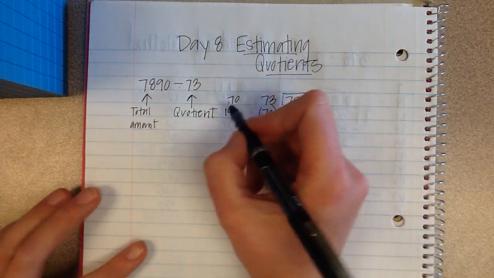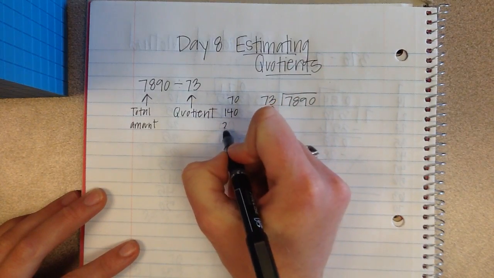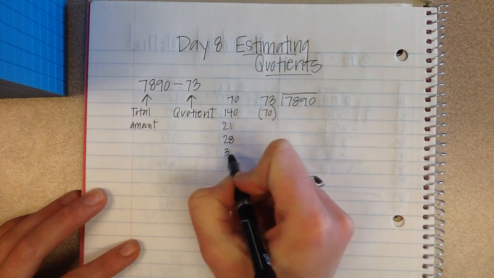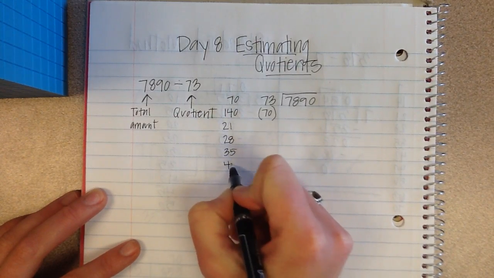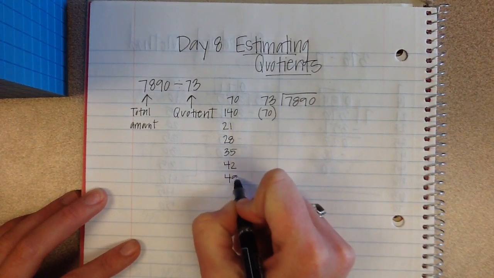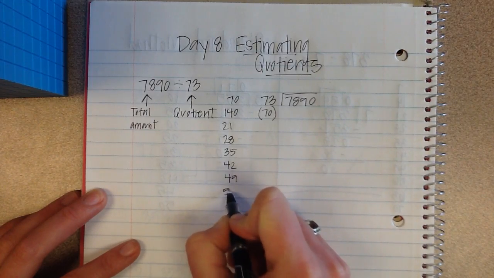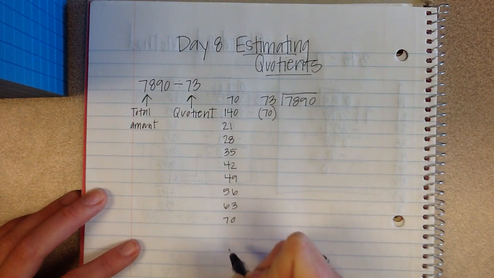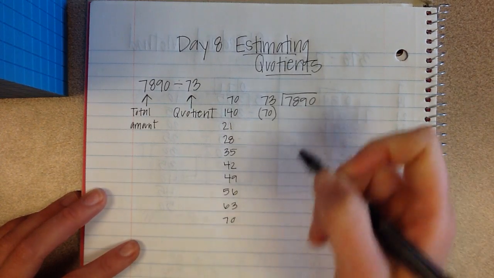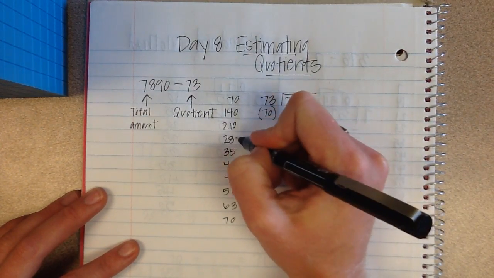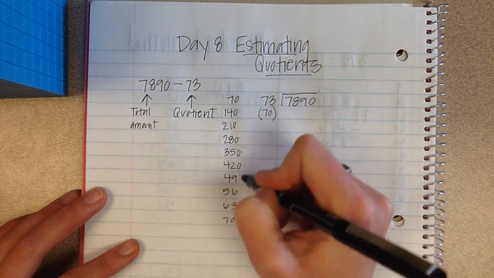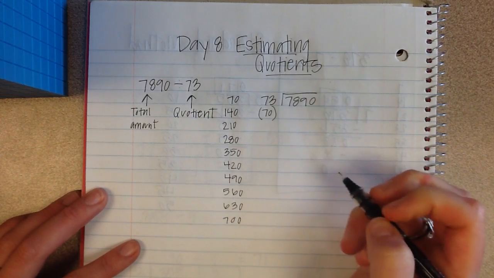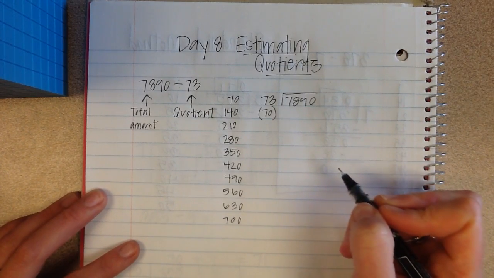So ignore the 0. 7, 14, 21, 28, 35, 42, 49, 56, 63, 70. Now, because I know the power of 10, I can just add a 0 behind all of it. Now I've counted by 70s.